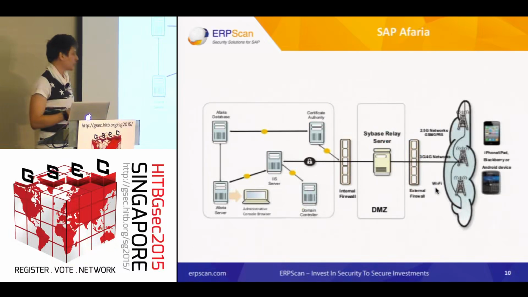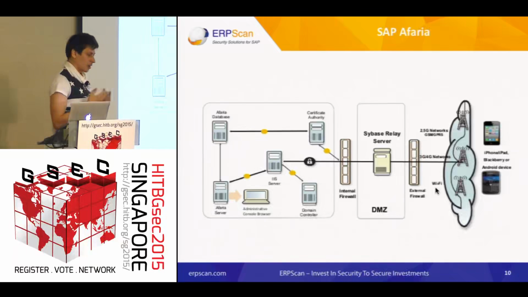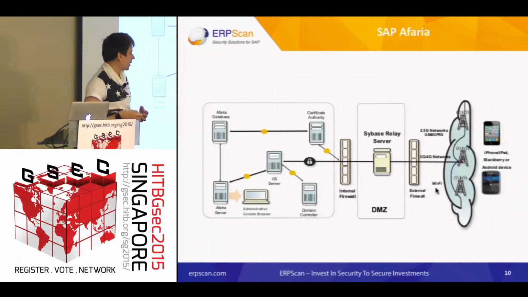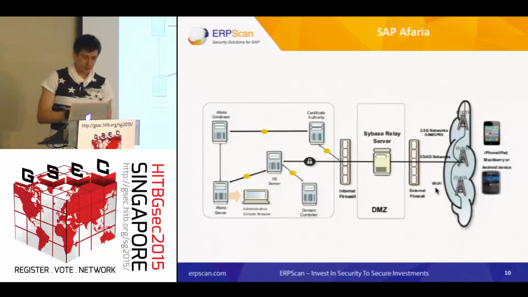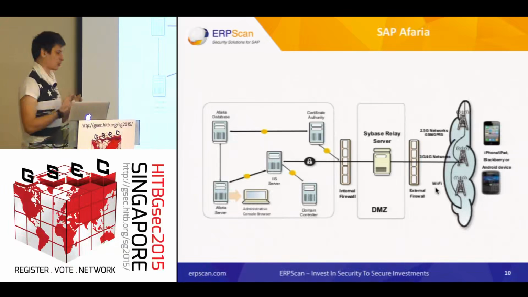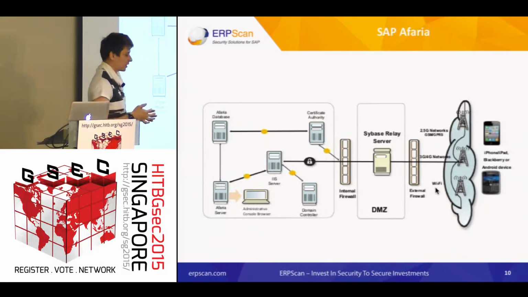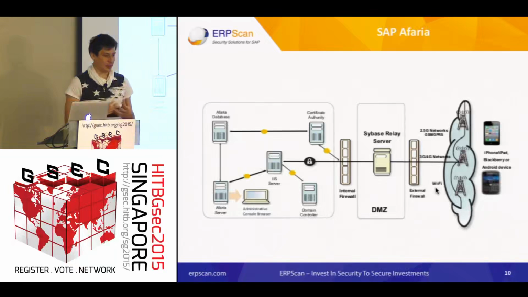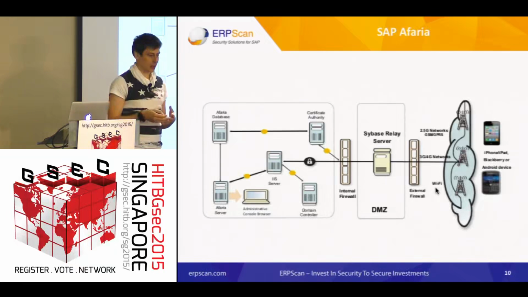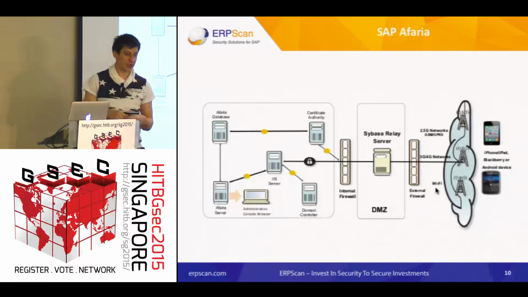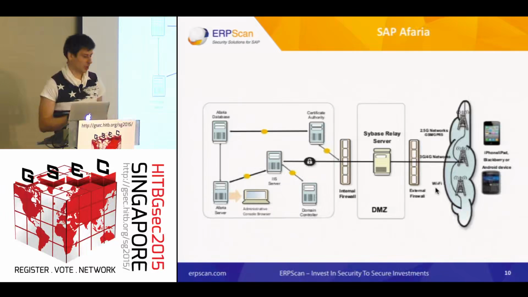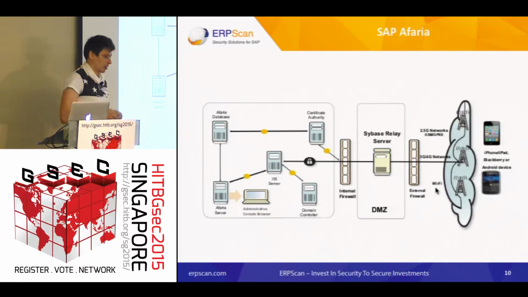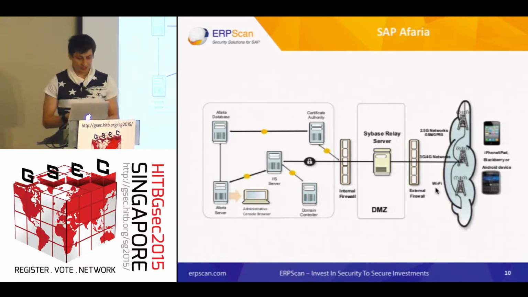On the slide, you can see the architecture of SAP Afaria. On the left side, you can see a phone. For SAP Afaria, the user should install the Afaria client on the portable device. The Afaria client exists for all modern operating systems, for iOS, for Android, mobile phones, even for Nokia and the Symbian operating system.